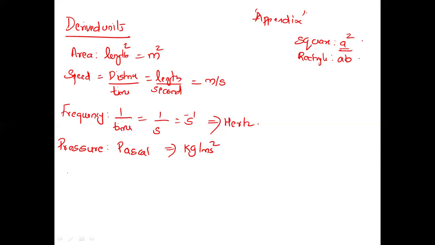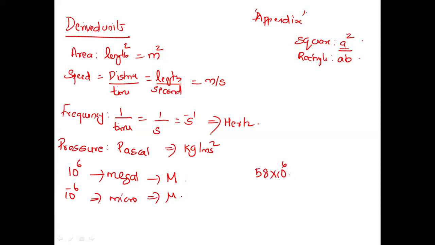If it is 10 power 6, we call it mega, and the symbol is capital M. If it is 10 to the power minus 6, we call it micro, and that symbol is µ. So if it is 58 into 10 power 6 meter, you can represent it as 58 megameter. If it is 58 into 10 power minus 6 meter, you say it as 58 micrometer.